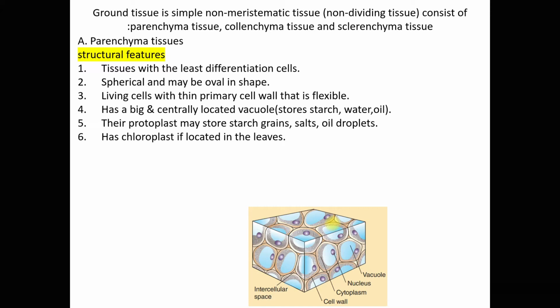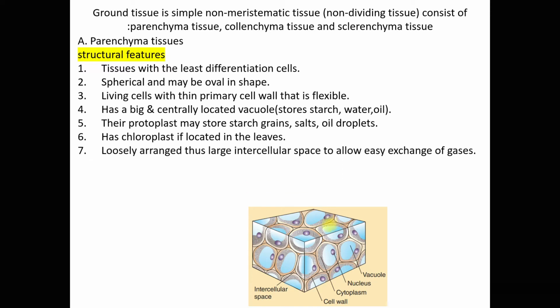Parenchyma tissues are located in almost every part of the plants. If they are located in the leaves, those parenchyma tissues have chloroplasts. They are loosely arranged, so they have large intercellular spaces.